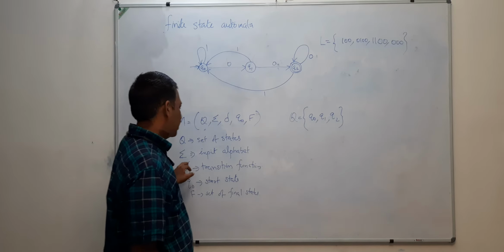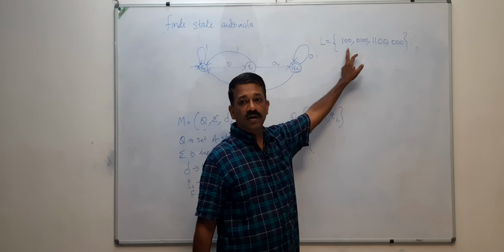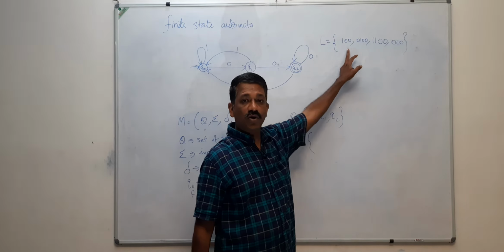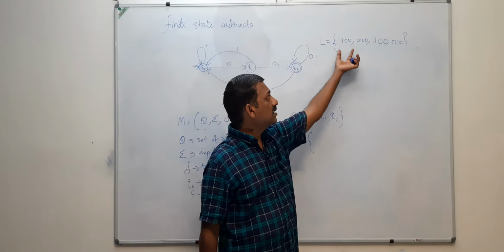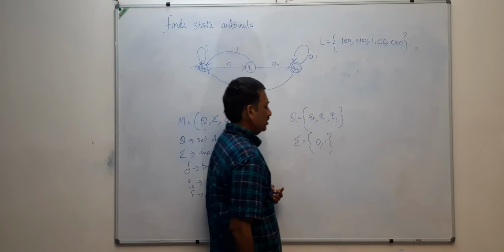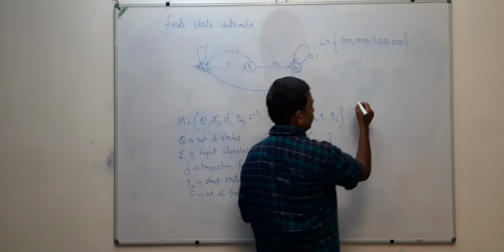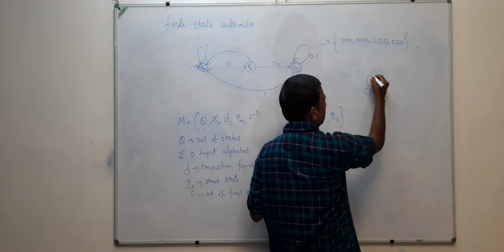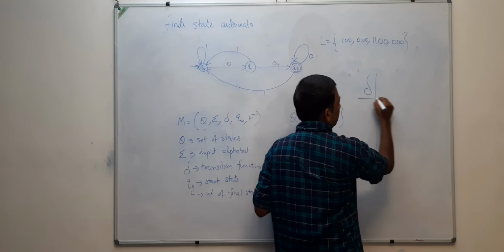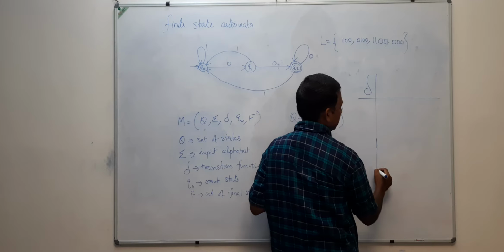Now, Sigma is the input alphabet, meaning in the input you are permitting only binary bits. That means in this string only zeros and ones are permitted. Then delta is the transition function, and that function is represented like this.